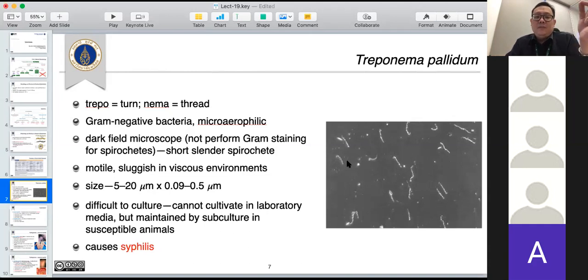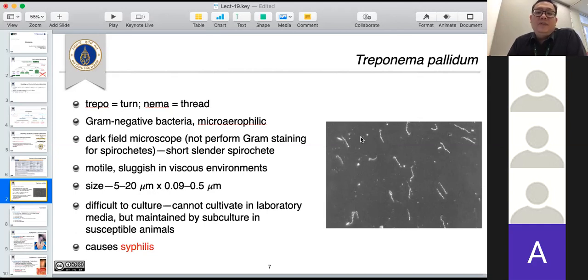Instead of gram staining, scientists use a dark field plate added to the light microscope. With a dark field plate, the object appears as a white spiral object and the background turns dark. So it is very easy to observe these very thin cells, which are hard to observe in the light microscope.